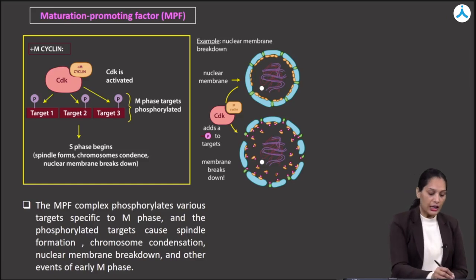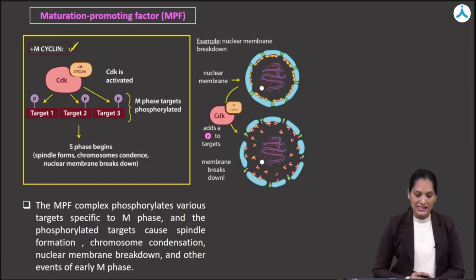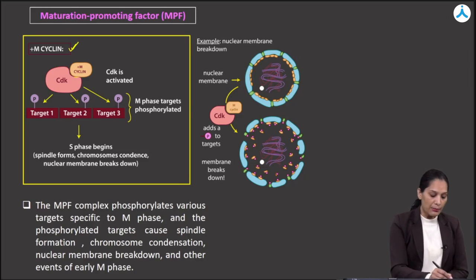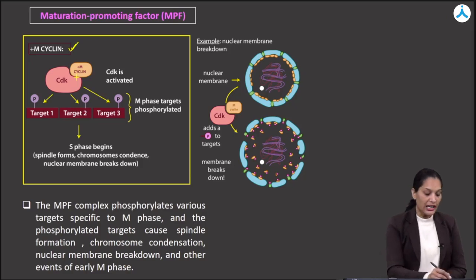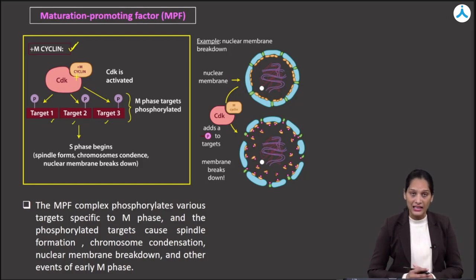See here, if M cyclin is present in a cell, it combines with the CDK, then this complex, which is the activated complex now, phosphorylates the targeted proteins, and this helps in spindle formation, chromosome condensation, and the breakdown of the nuclear membrane, which happens in the very first phase of mitosis called the prophase, right?